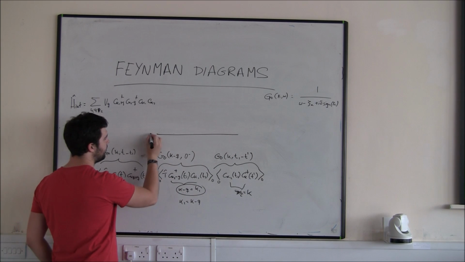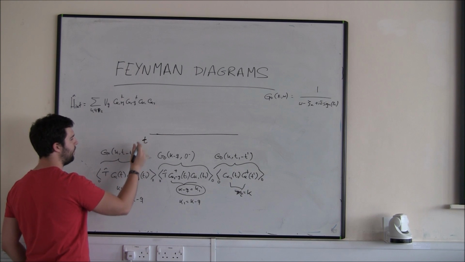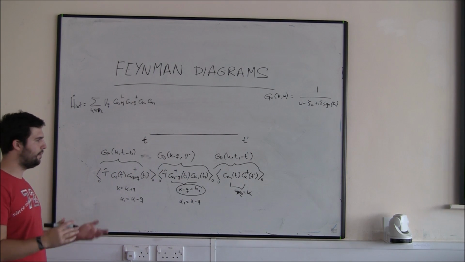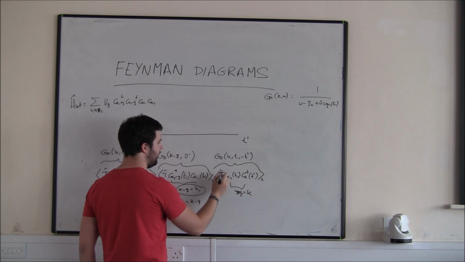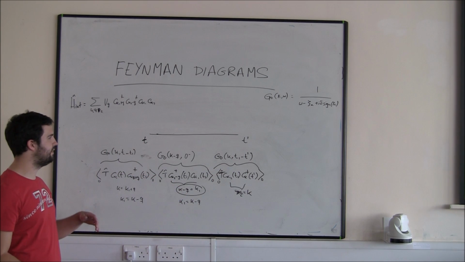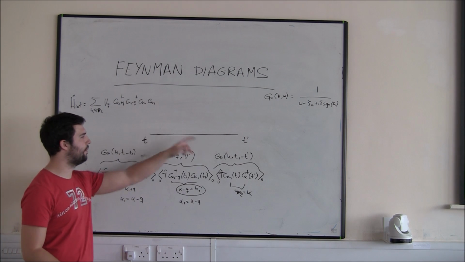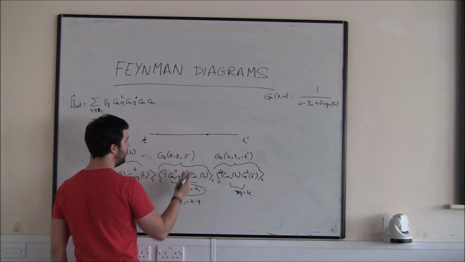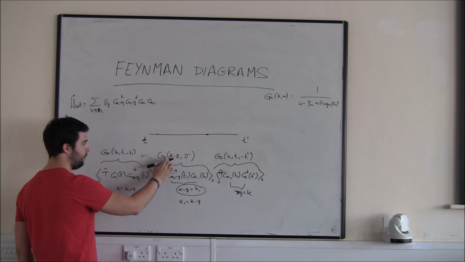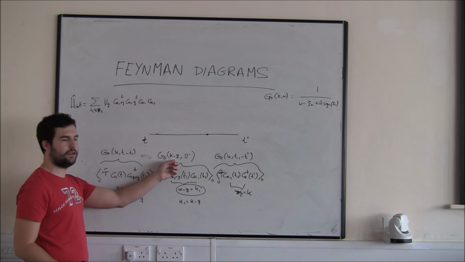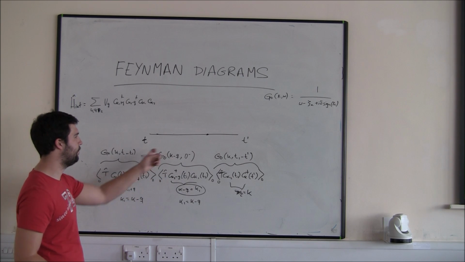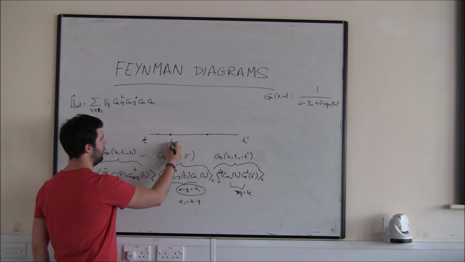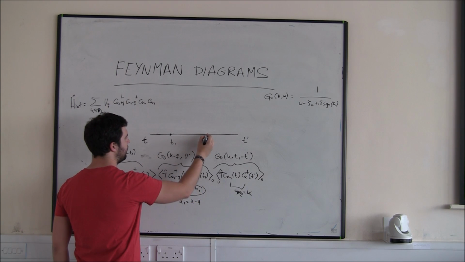A line, first line, and we have T as our end time and T dash as our time at the beginning, but it doesn't really matter because remember that we have the time ordering operator, so we can in fact study what happens if we invert time, so when T is greater than T dash or T dash is greater than T. But then we have an intermediate time T1, but we know that, because we have the non-interacting Green's function of K minus Q, this term is losing momentum, so this Green's function has to lose some momentum at T1 and then recover it here again. So this is T1, T1, but some momentum is lost here.